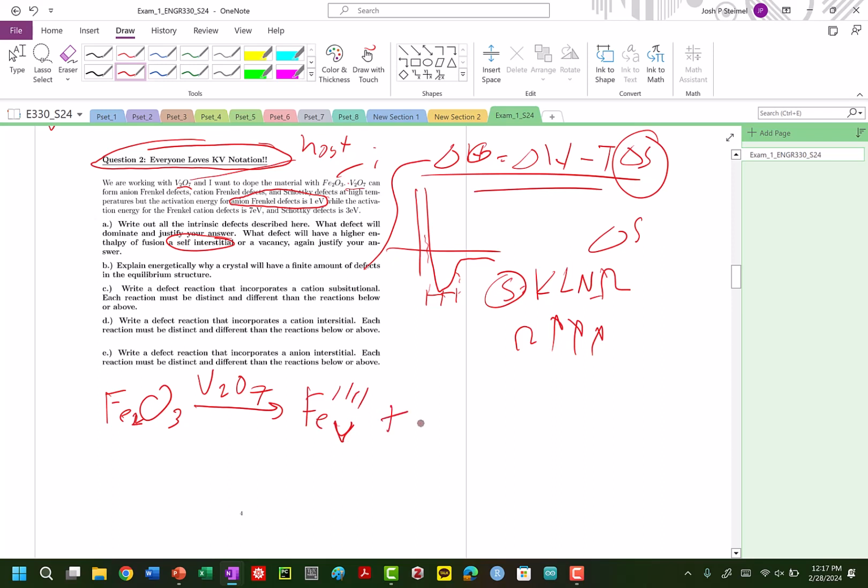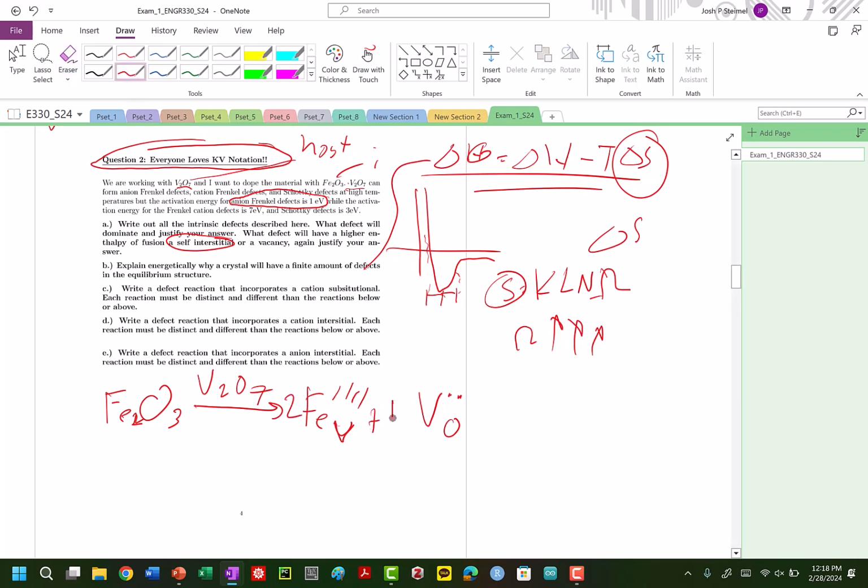So now we want to write a balanced defect reaction. So I'm going to do my vacancy in here. I'm going to put 2 of them there. Fantastic. But we're actually a little bit stuck because I need 2 of them. So instead of writing it like this, I want 2 of these.